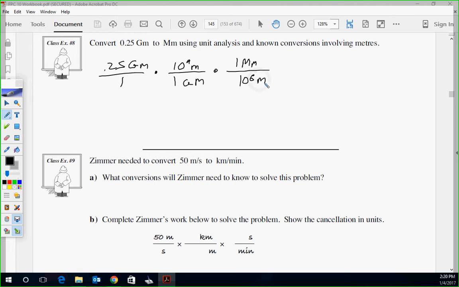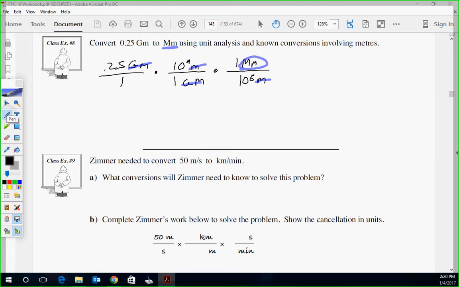Okay, so now we have it set up. The important part I want you to see is if you have 2 units left still, you're in trouble. What am I saying? Look, gone. Gone. What's my answer going to be in? Megameters. What they ask it for in? Megameters. Okay, so now we just multiply across. Okay, I can do something quickly though.